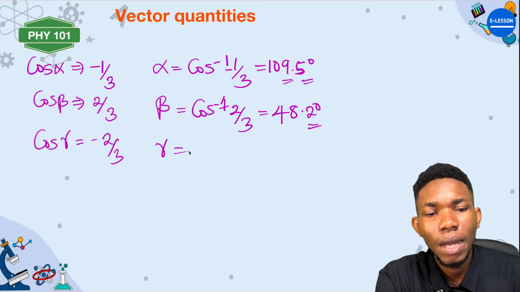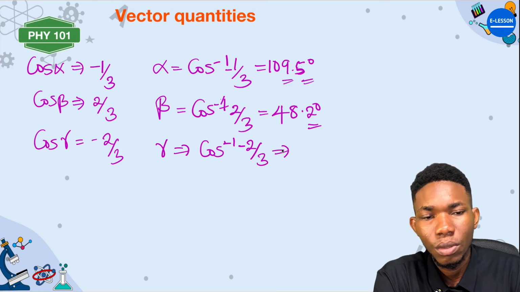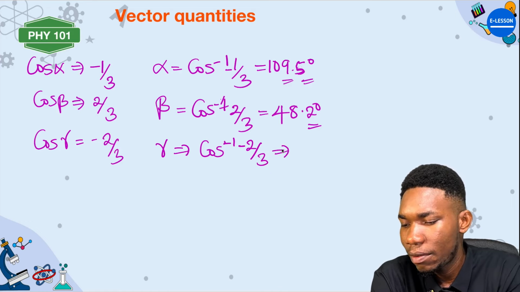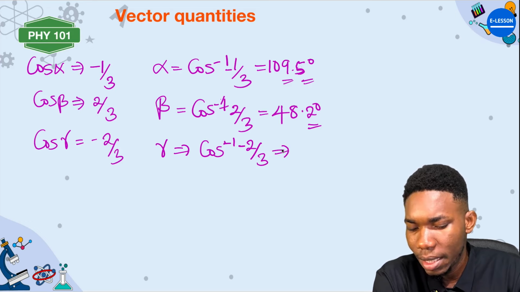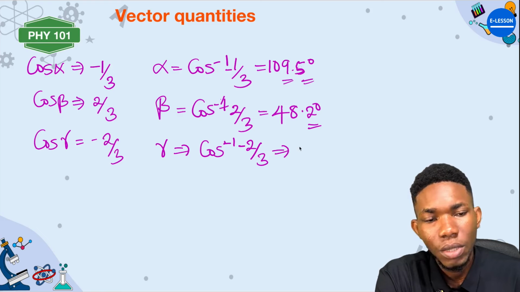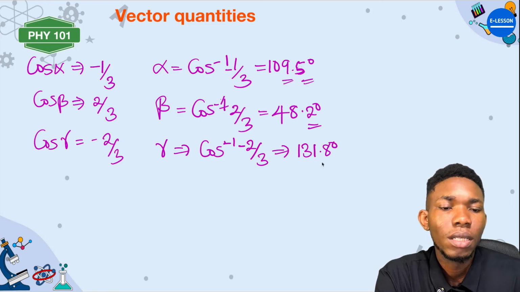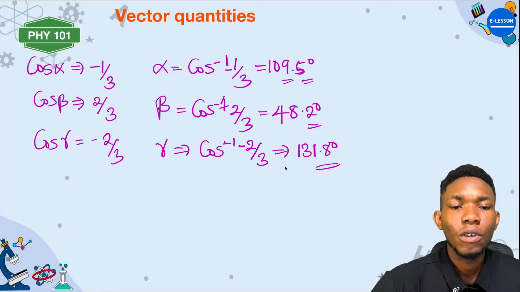And then gamma will be the cos inverse of minus 2 over 3. This one now is negative, so you just subtract it from 180, which gave us 138 degrees. So this is the directional cosine for each of the vectors.